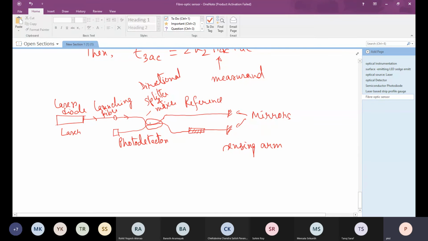That means when light goes here, it will follow these two paths, but this path will be chosen when light is coming back. And then we have a photo detector, then a lock-in amplifier to pick that modulated frequency at omega. And then we have the output.